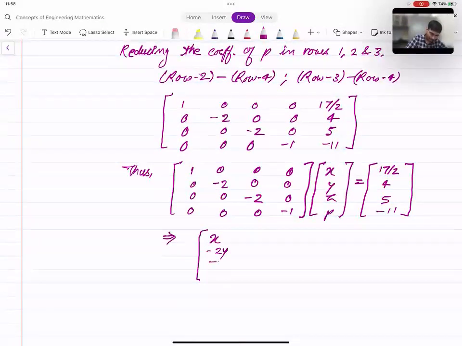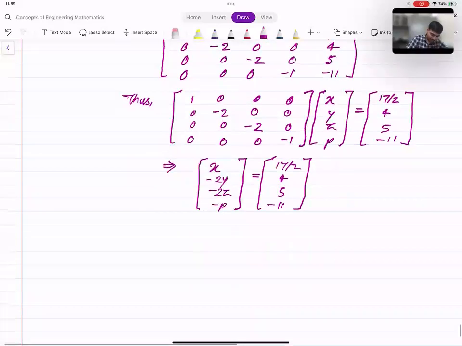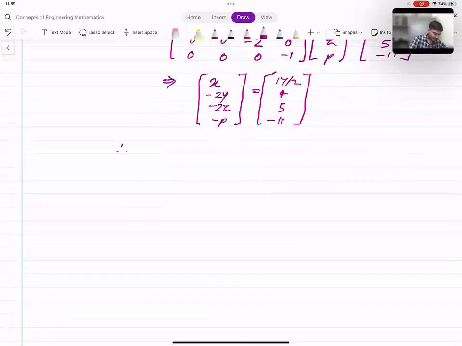Here minus 2z, and here we will have minus p, and this is equal to 17 by 2, 4, 5, and minus 11. So by equating the terms, we can now write the values of the variables. x comes out to be 17 by 2, and minus 2y is 4, so y comes out to be minus 2.